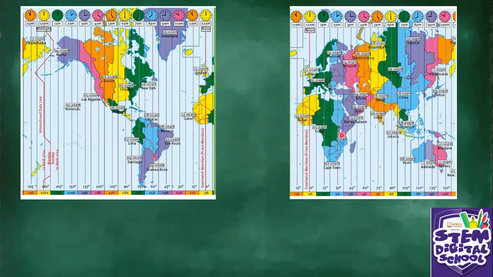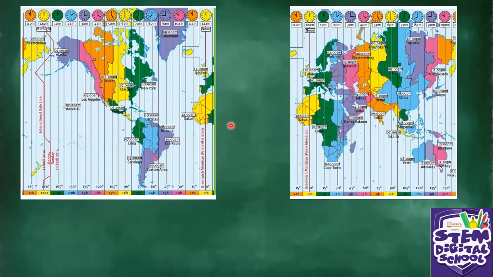So that is how time was developed. But it's God's creation that some places are day and other places are night. So it was not made by anyone. It's only that scientists did research and found out that places on Earth have different times.